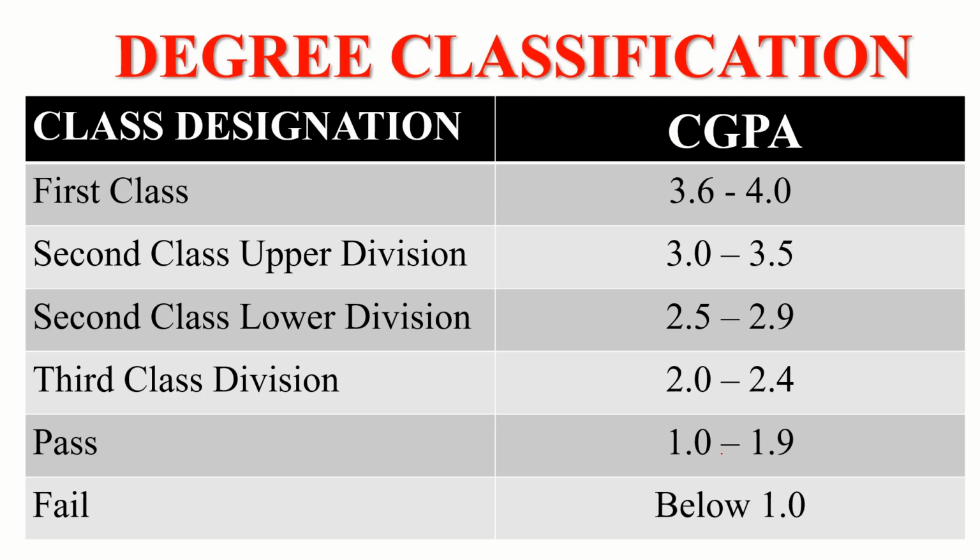So that's how we can classify our degrees, and that one is specifically based on the CGPA. So it communicates to us that CGPA is highly important, and so as students we must learn harder and push harder in order to get a good CGPA so that we can get a good class.